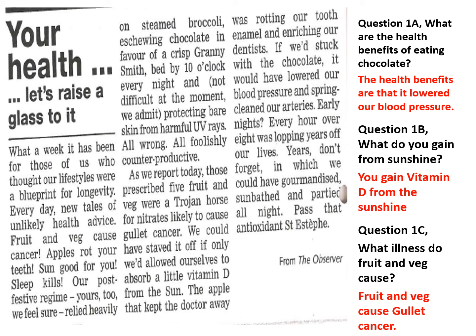To give an example, let's have a look at 1b. What do you gain from sunshine? You gain vitamin D from sunshine. Looking at the article, you can see that response is in the middle of the middle column there, the bottom of the middle column. Vitamin D is what you gain, but I've made sure I get the mark by writing it into a sentence, just making sure I've answered the question set.